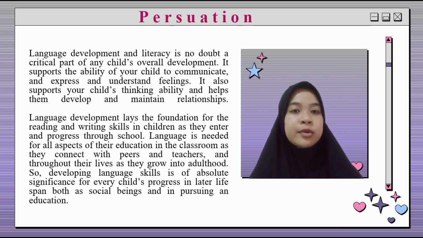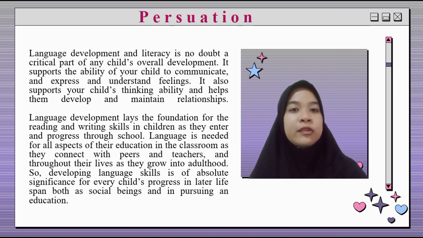It also supports your child's thinking ability and helps them develop and maintain relationships. Language development lays the foundation for reading and writing skills in children as they enter and progress through grade school. Language is needed for all aspects of their education in the classroom as they connect with peers and teachers and talk about their lives as they grow into adulthood.